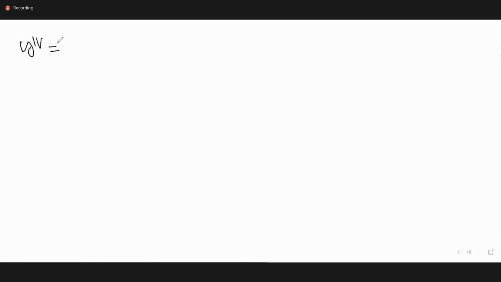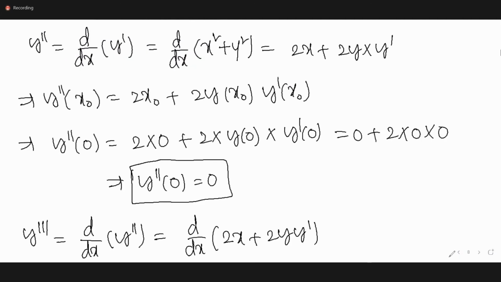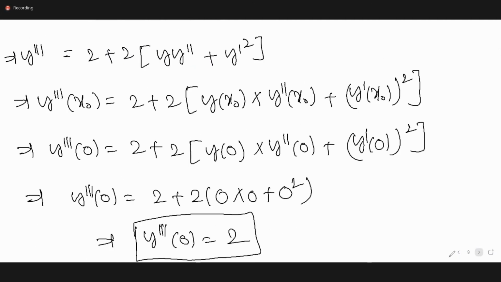What is the definition of fourth derivative? D by dx of third derivative. So d by dx of third order derivative, 2 plus 2 into y double dash plus y dash square.